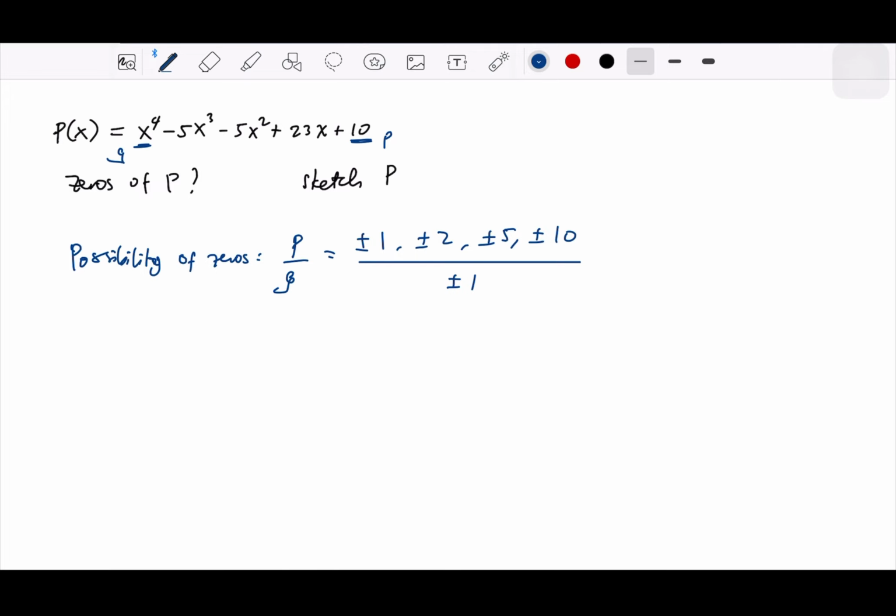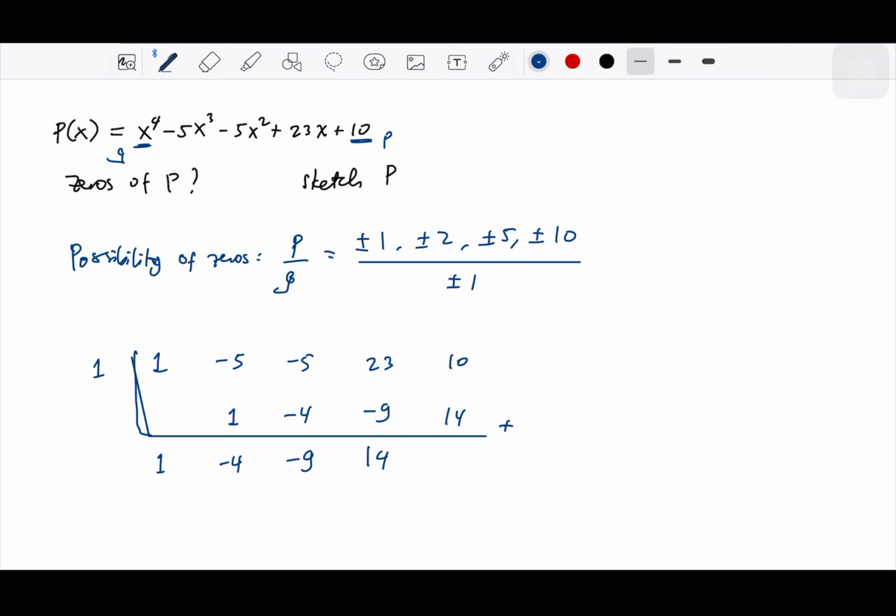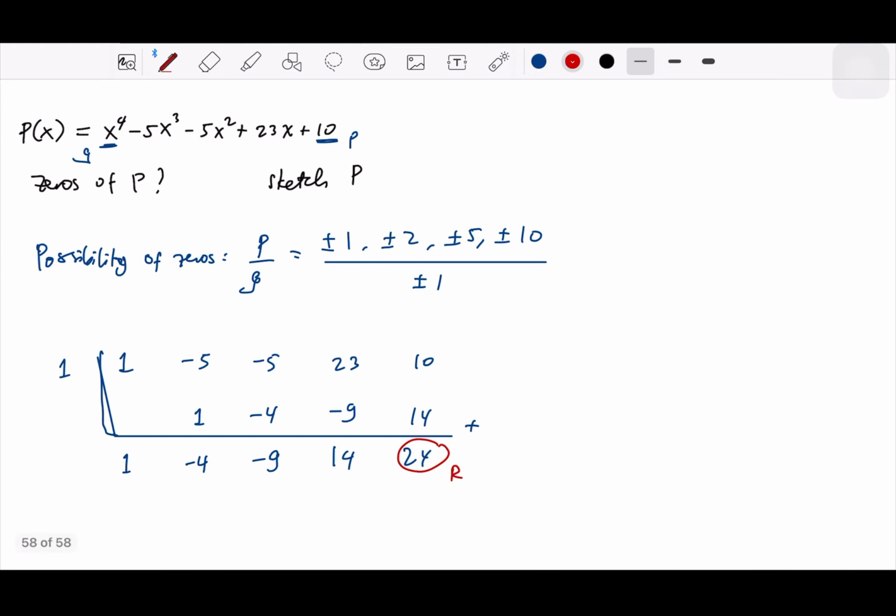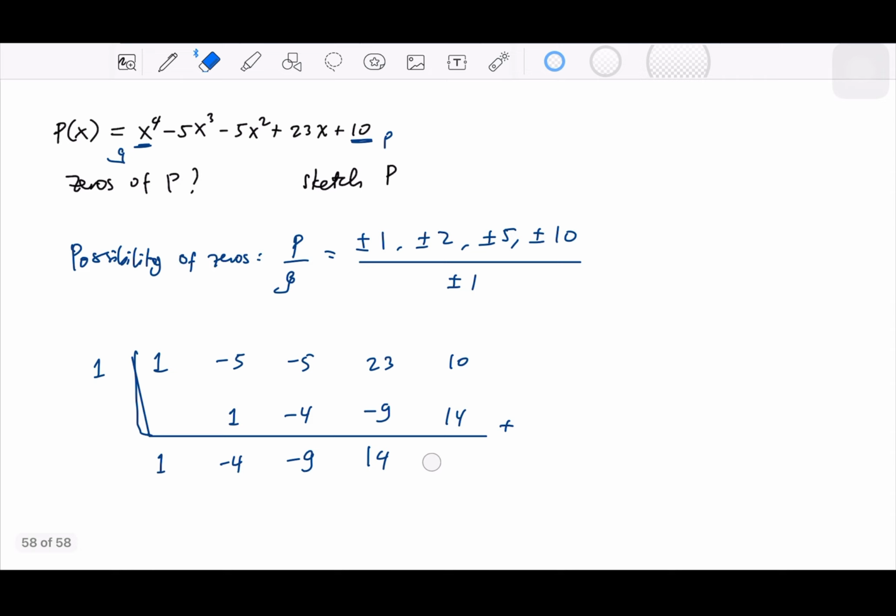So we could take the synthetic divisions. So first, maybe try 1. It has a remainder. Well, we could maybe just erase this and try 2.